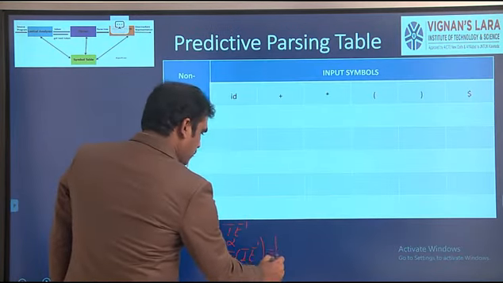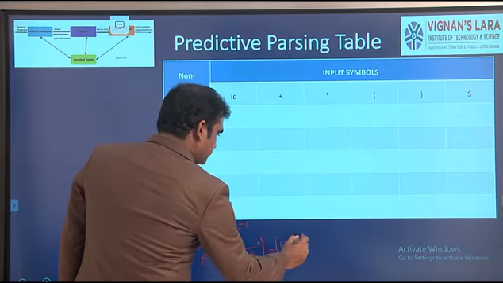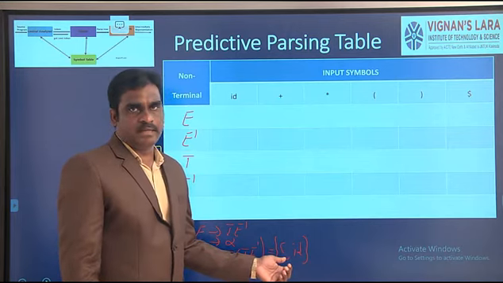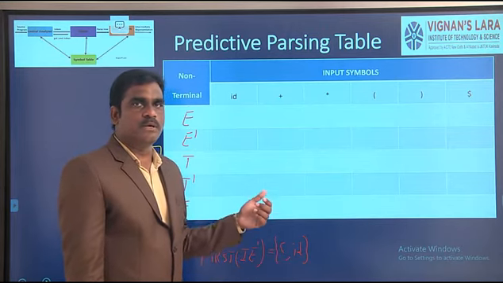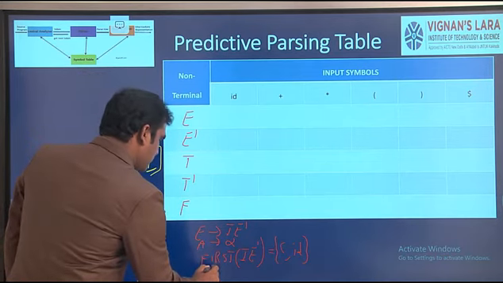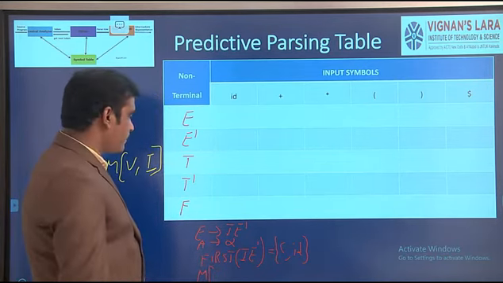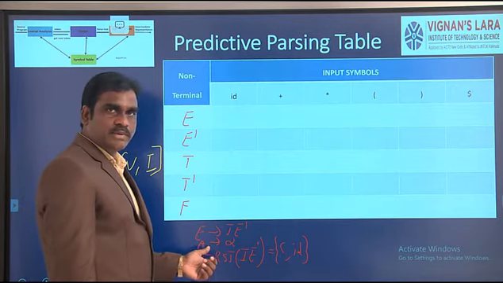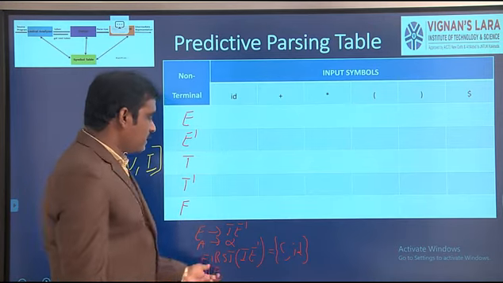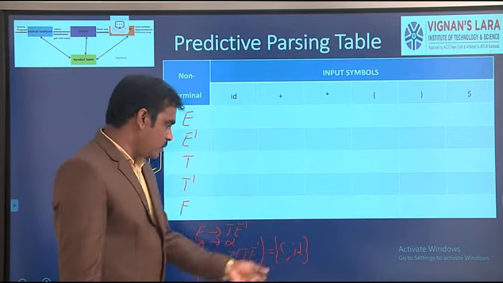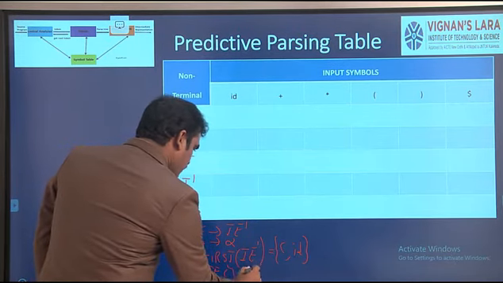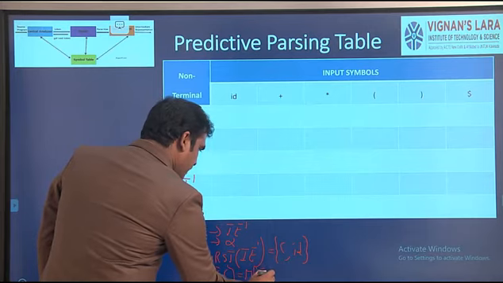So the first of alpha does not contain the epsilon symbol, so we go for rule 1. Now write the entry: M of the left-hand side non-terminal, that is E, comma the first of alpha result. One is open parenthesis, this is one entry, and the second entry is M of E comma id.